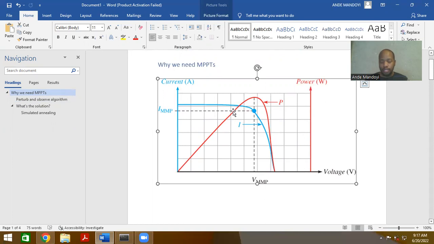Now we're at this point. Then we decide, okay, this is actually working. Let me increase the voltage again. Then you make that perturbation, and you see the power keeps increasing and increasing, until you get to the peak. So that's the intuition behind the perturb and observe method.